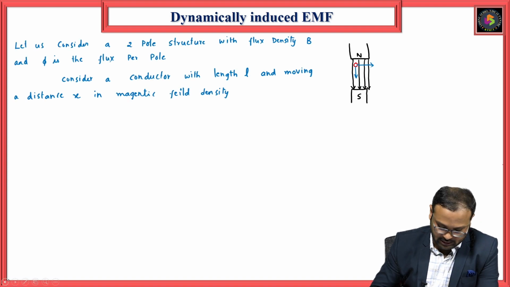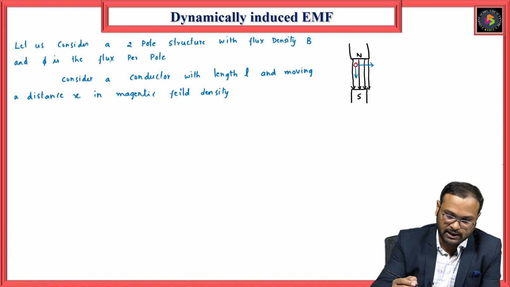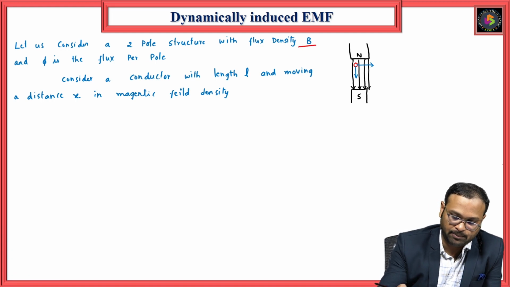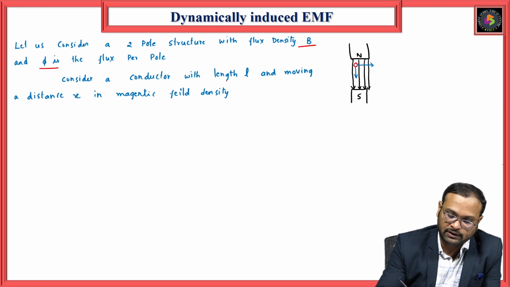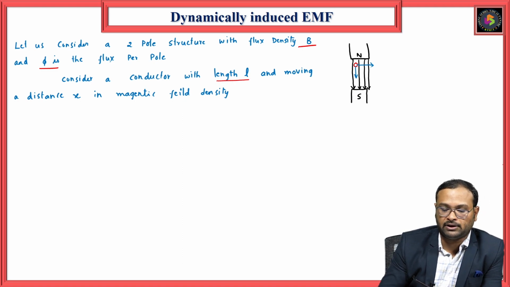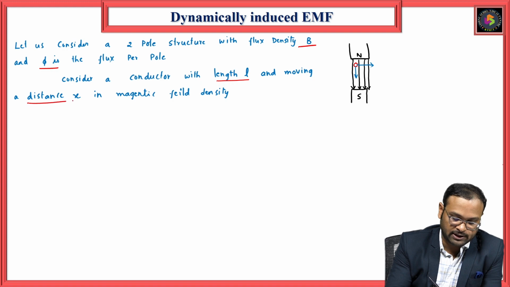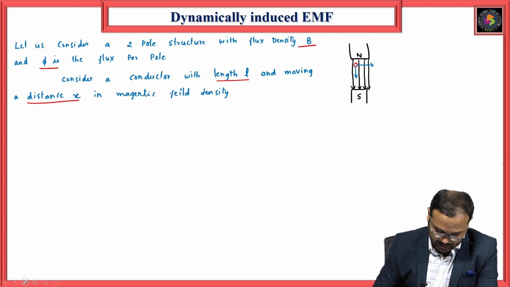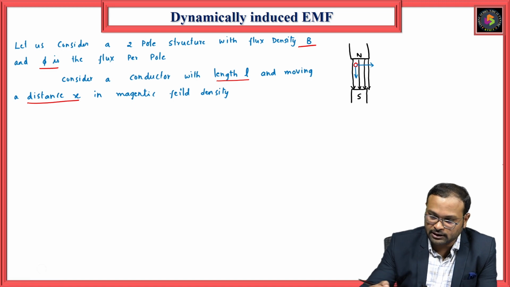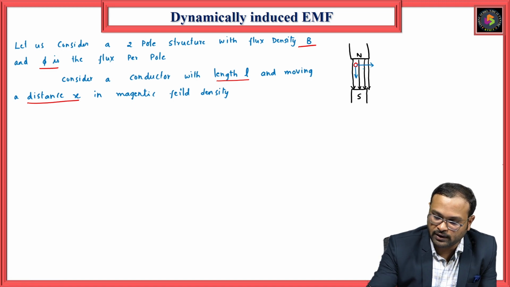So we have a two-pole structure with the flux density B, and phi is the flux per pole, and we have a conductor of length L, and it is moving a distance x.